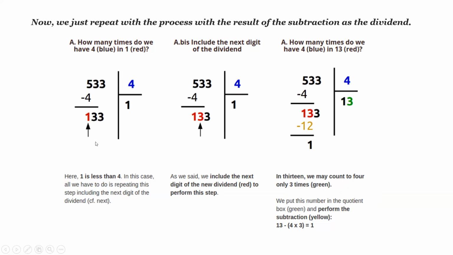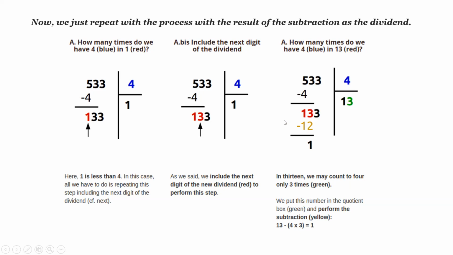Next, we repeat this step, including the next digit of the dividend. It is 13. How many times do we have 4 in 13? It is 3 times. Write 3 in the quotient box and multiply 3 and 4.